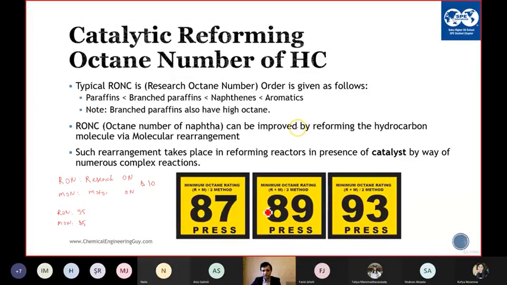In the USA, while selling the gasoline, they don't show the RON. In the gas stations in Azerbaijan, we show the research octane number. But there they show the research plus motor divided by 2. So for this one, RON is 92, RON is 95, RON is 98.